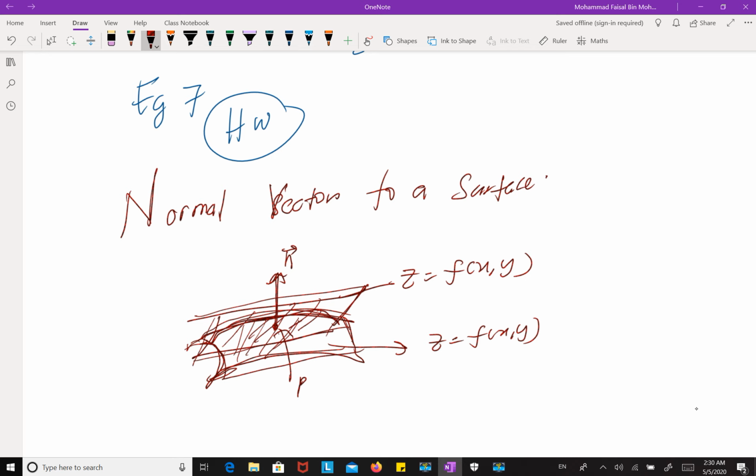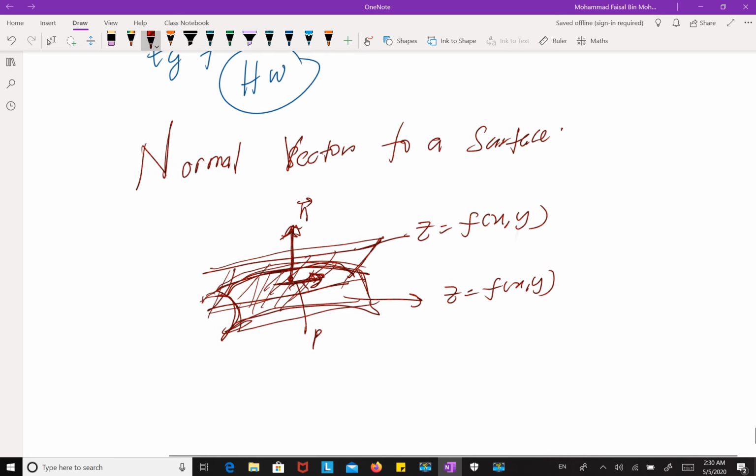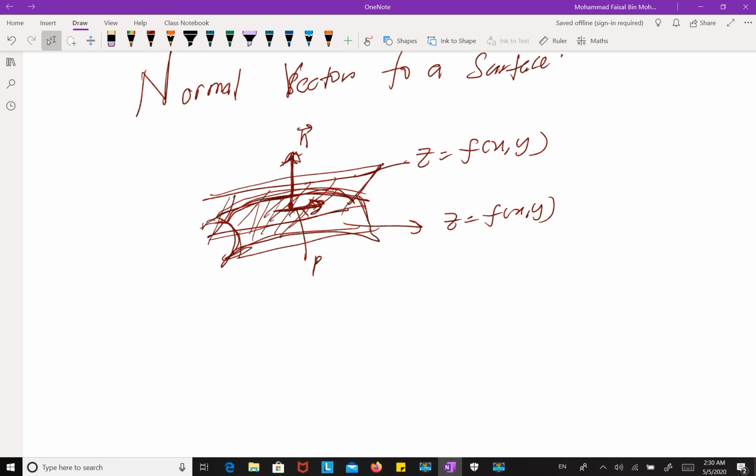So we have the tangent plane at this point, so the normal will be perpendicular to the tangent. Therefore, for a non-flat surface, the normal vector is different depending on the point P where the normal vector is located. It's going to be like this, because it is non-flat, it's a curve.